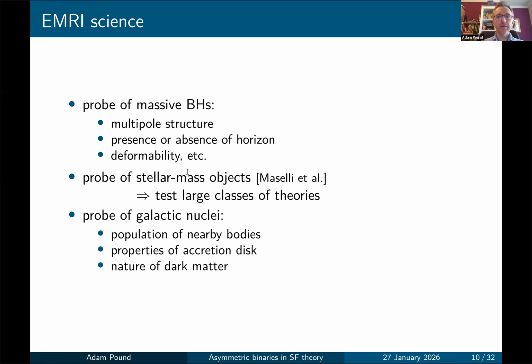The idea is, if you have a local EFT extension of GR, anything that you're adding to GR is suppressed by powers of the curvature, and the big black hole has very low curvature compared to the small black hole. So if you're looking at these local field theories that extend GR, then you're probably not looking for changes in the big black hole. You're looking for changes in the small object.